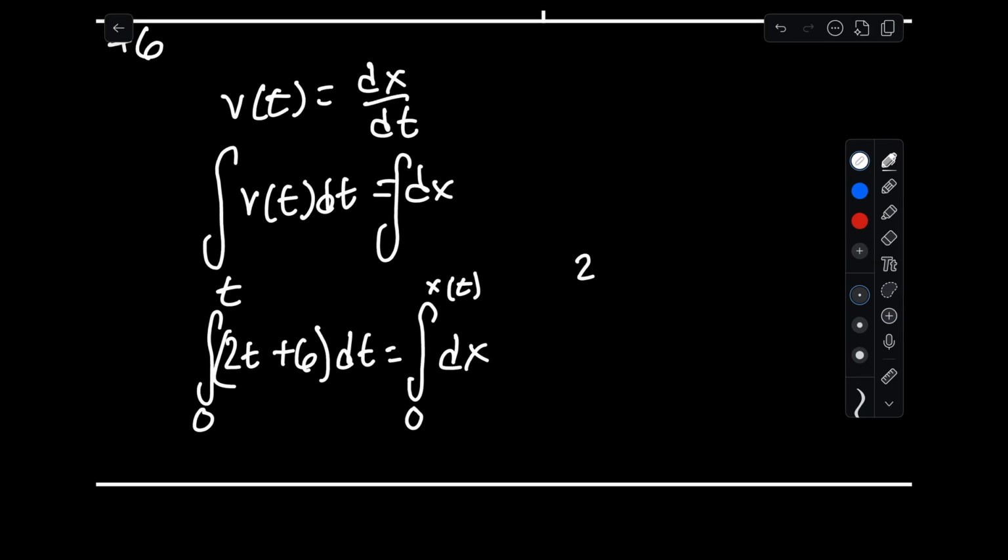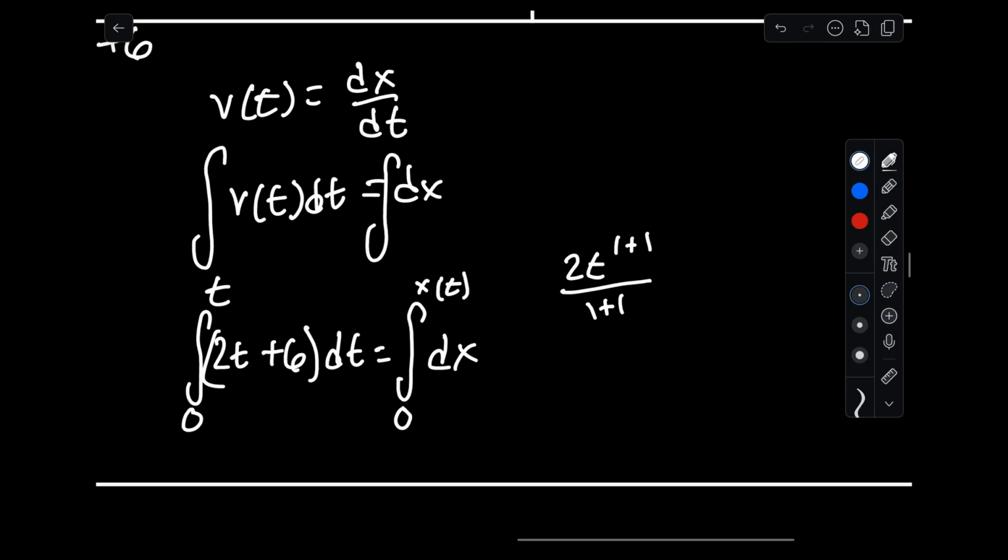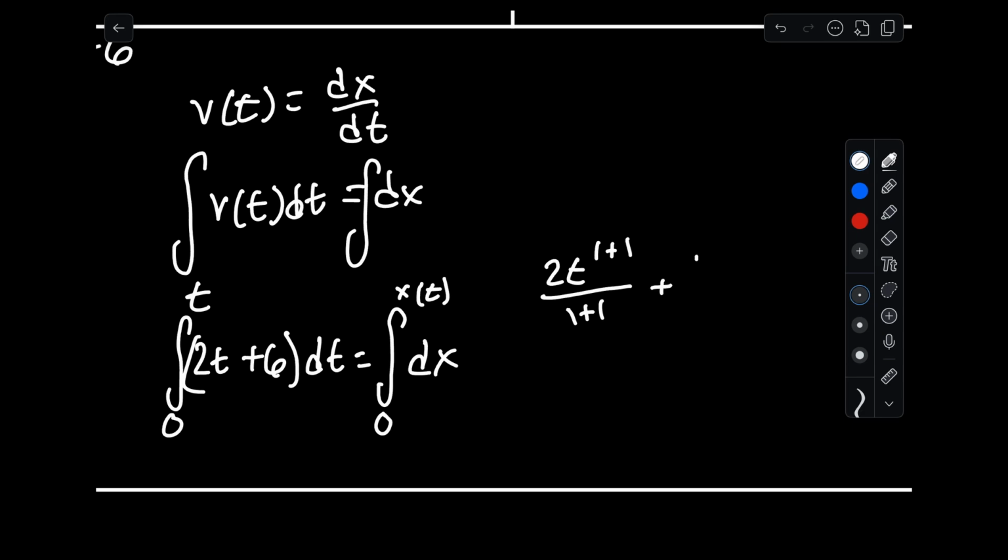It's going to be 2t to the 1 plus 1, all over 1 plus 1, plus 6t to the 0 plus 1, because it's a constant, right? All over 0 plus 1.